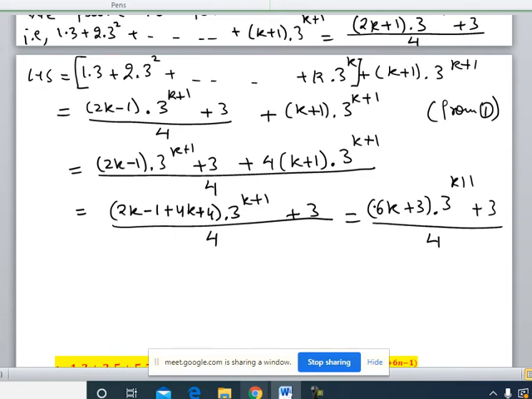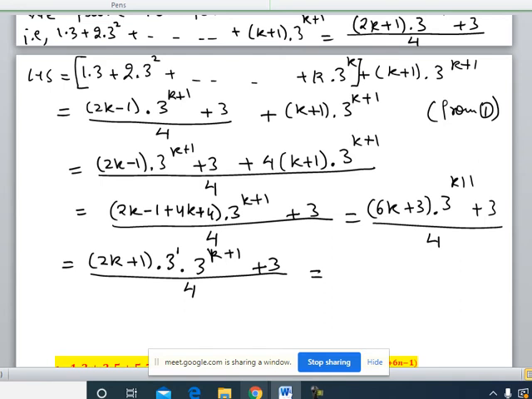Now when we look at this part, we see that 3 can be taken common out of these two. So you take that 3 common. So we get here 2k plus 1. This is the 3 we have taken common, and this is also multiplying with 3 with the exponent k plus 1. So this is only the first part, and then separately we have plus 3 also, and this whole thing divided by 4. So when you see these two terms, they have got common base, so their exponents should get added.